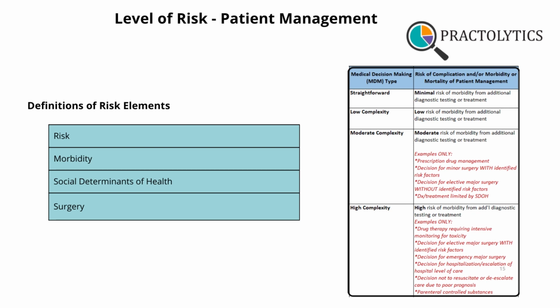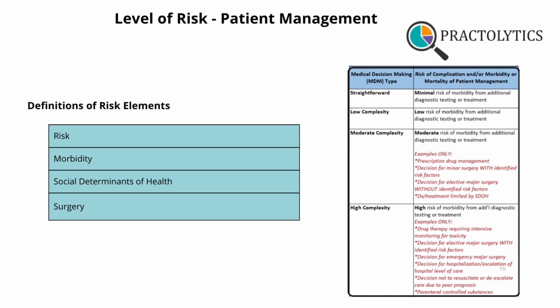The third definition is for economic and social conditions that may influence the health of the patient. Examples of economic or social elements could include food or housing insecurity, safety and welfare issues, unemployment, or inadequate education, and similar kinds of things.